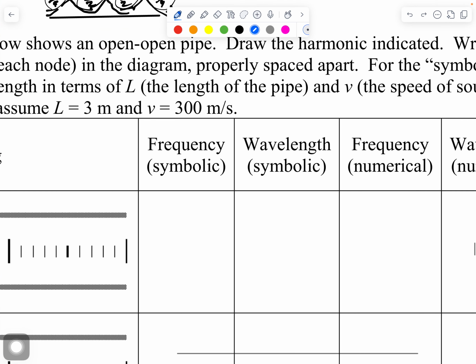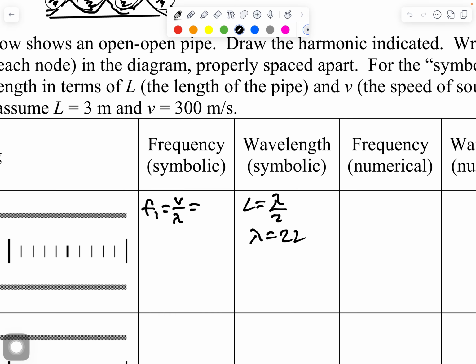So for the first one, the length equals half a cycle, which means if I solve for lambda, multiply by 2, the wavelength is 2 times the length. So if the fundamental frequency is equal to V over lambda, it's going to be V over 2L.